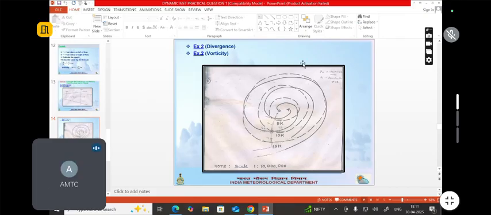Everyone can see that this is the streamline and it is coming inside. It's a low pressure system. In a low pressure system, the flow is cyclonic and will rise. Definitely there will be convergence.